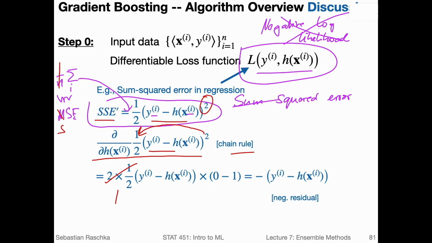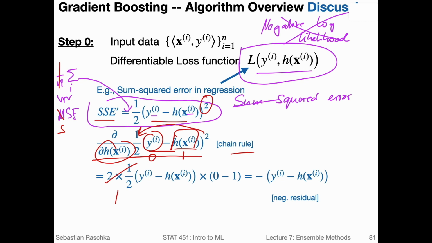And the inner derivative, this one is obviously 0 because we're looking at the partial derivative with respect to the prediction. So this term is a constant, so it will be 0. And this part will be 1.